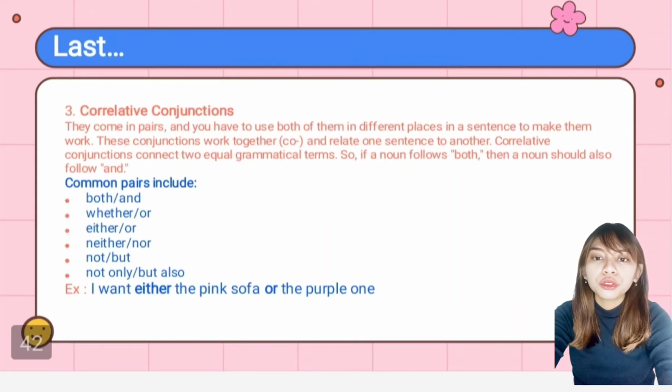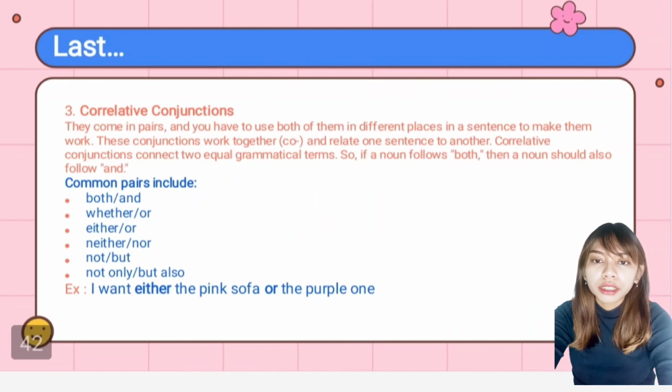Next, we move to the third. It is correlative conjunction. They come in pairs and you have to use both of them in a different place, so it becomes a sentence to make them work.